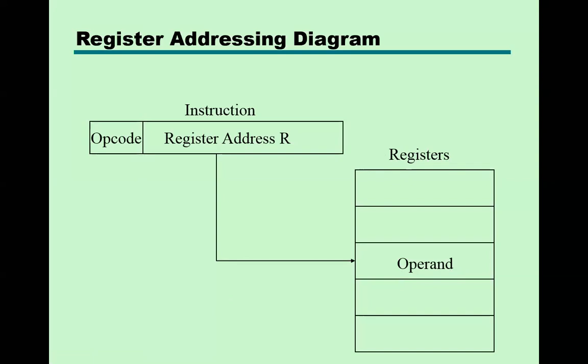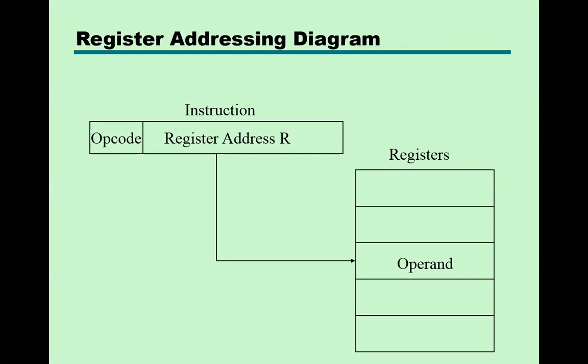While your ALU, arithmetic logic unit, is executing your instruction, at that time it stores your operand in the register for fast execution. Because of the register, fast execution is possible, and all these registers are available on the processor, and the ALU chooses the respective operand value from this register only.